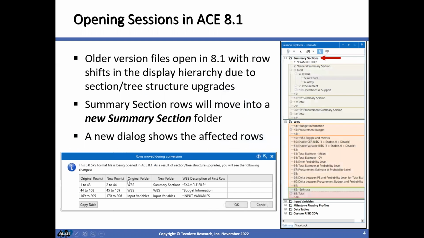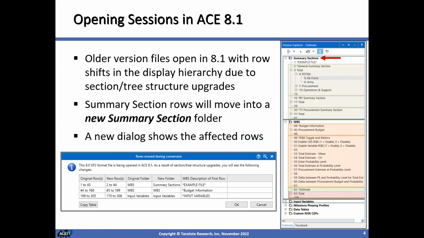Okay, so starting when you first open up an existing session in 8.1, you're going to see a prompt. What the prompt is about is that it's telling you that it may be moving some rows around in your ACE file.